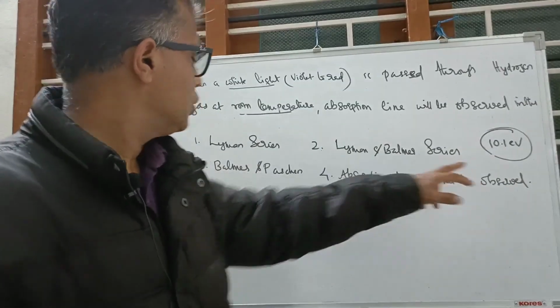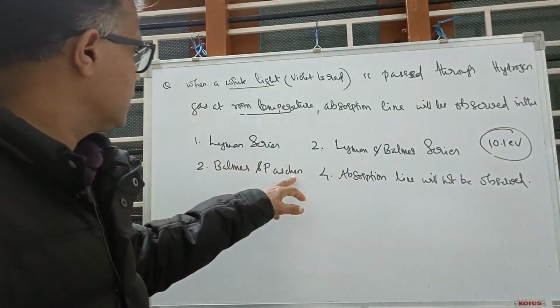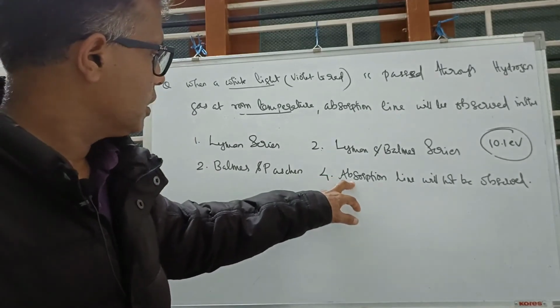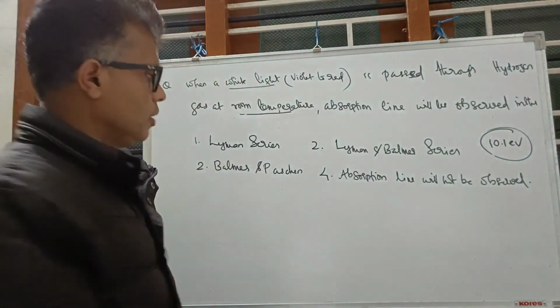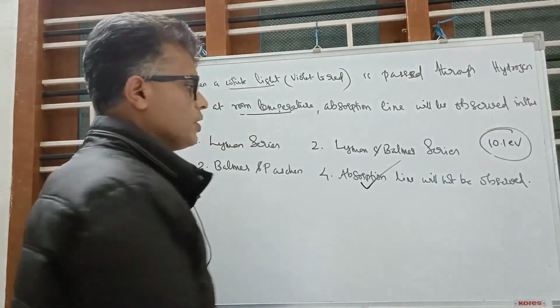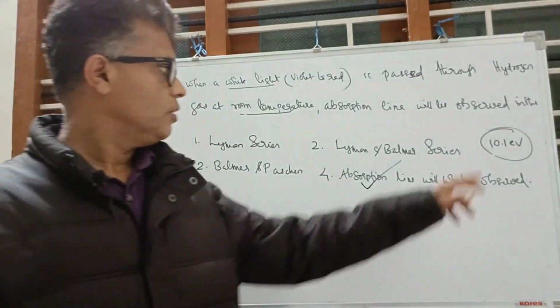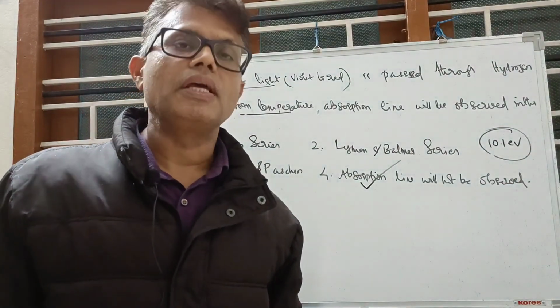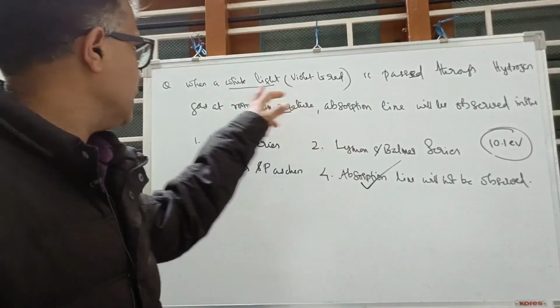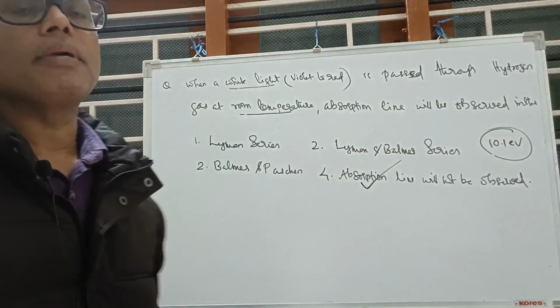Lyman and Balmer series is not there. Balmer and Paschen series is not there. The answer is absorption line will not be observed. This one is the correct answer. Clear, no? Because 10.1 electron volt is not available in white light at room temperature.